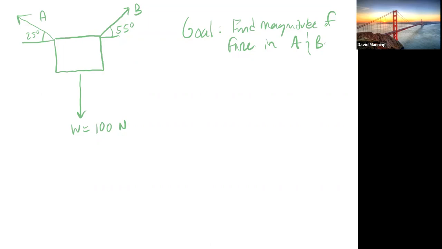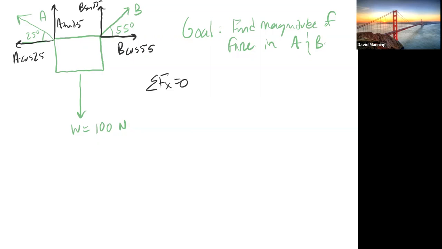All right, so let's look at how to set these up. We have B cosine 55, B sine of 55. We have A cosine 25, A sine of 25. Sum of the forces in the x equals 0. B cosine of 55 minus A cosine of 25 equals 0.